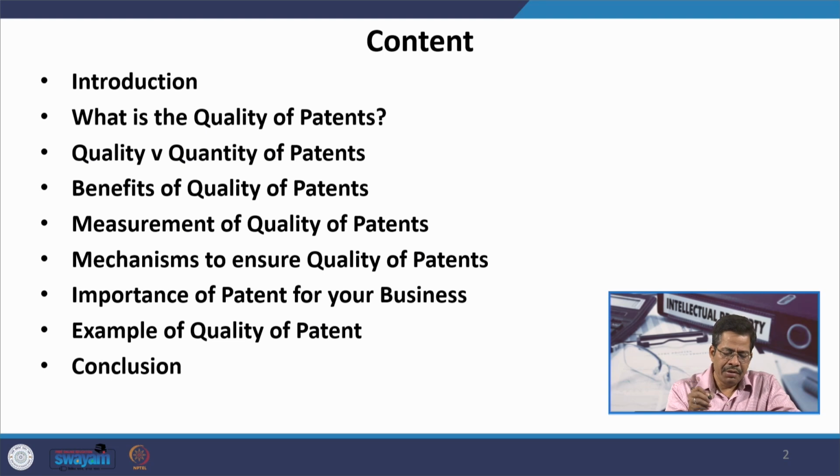And when you go further, you will realize that a portfolio will generally have mostly patent related activities in your case. So, in this particular session, we will be talking more about what is the quality of a patent portfolio.